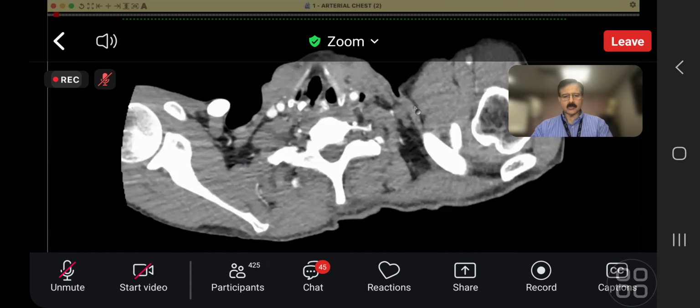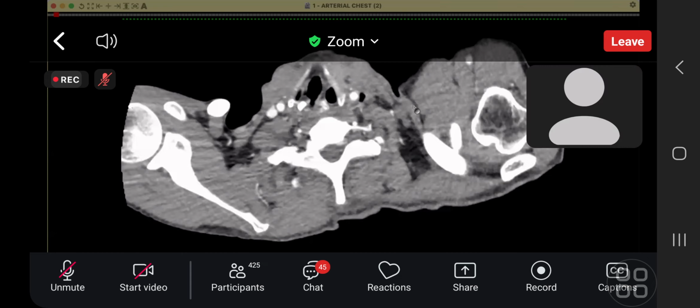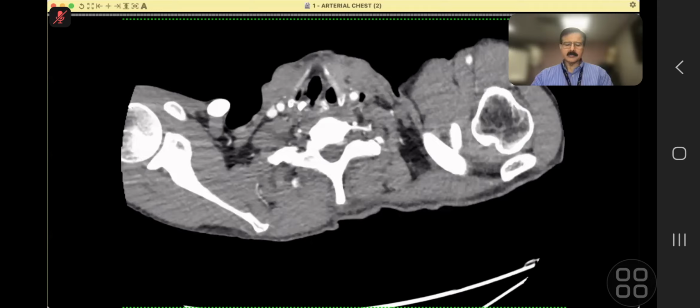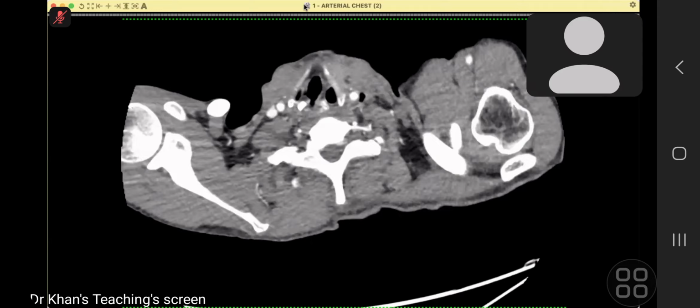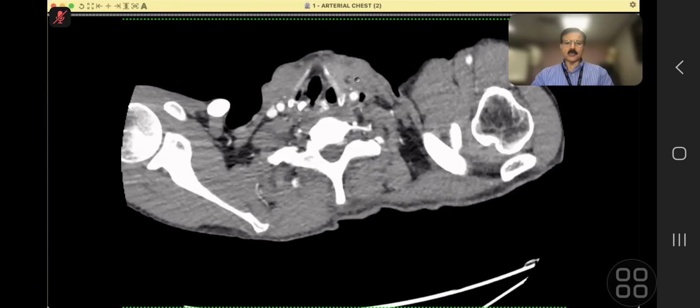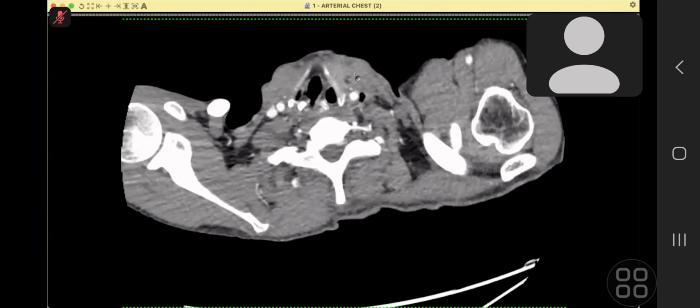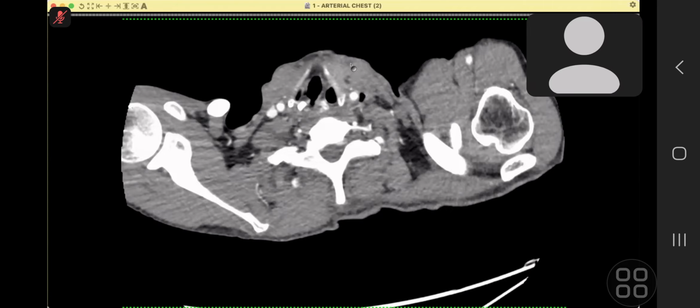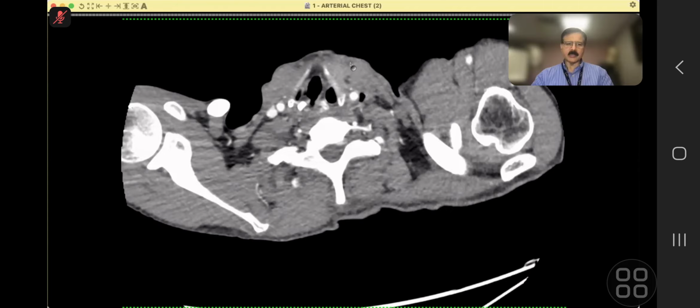What will you like to advise? I would like to proceed with MR of the neck. The patient is in an acute condition, and will you like to do an MR? Can it be something more simple? More simple.